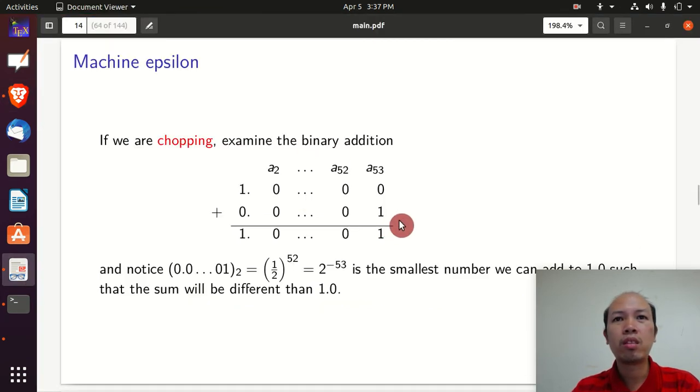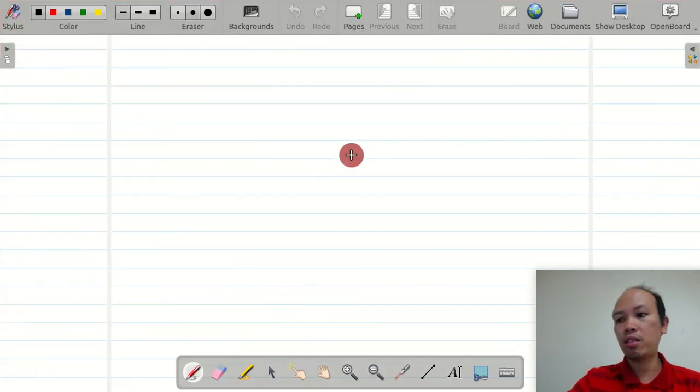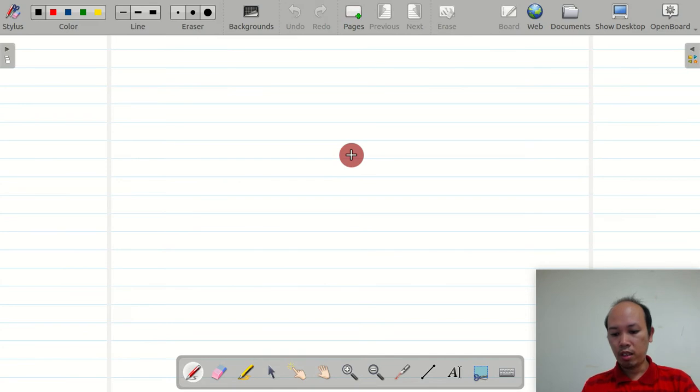As you can see, we have the first fractional part, which is a sub 2 here. Let's try to analyze it.